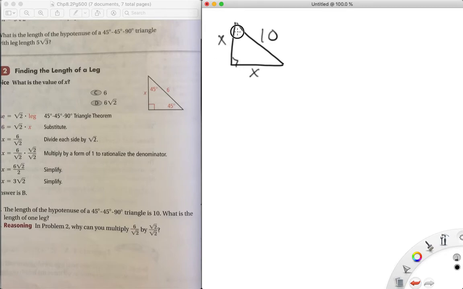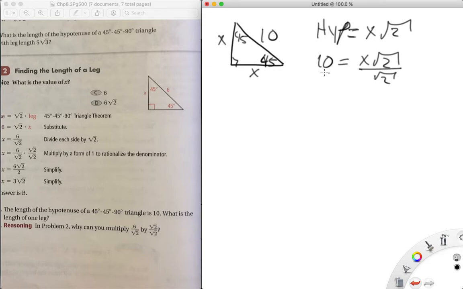Since I know it's a 45, 45, 90, again the hypotenuse is equal to x times the square root of 2. In this case, the hypotenuse is 10, and that's equal to x times the square root of 2. So I divide both sides by the square root of 2. You have x equals 10 over the square root of 2.